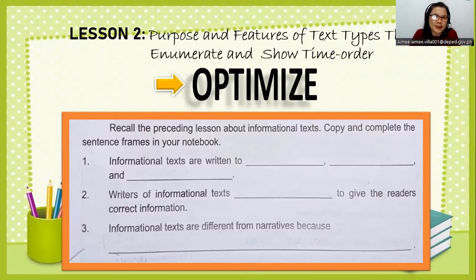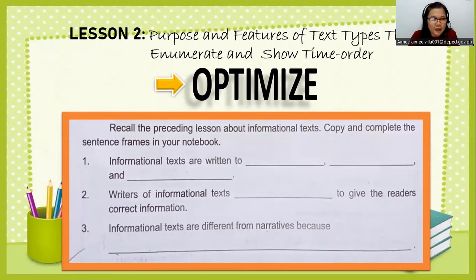Okay, for lesson 2, purpose and feature of text types that enumerate and show time order. So, we are going to recall. Okay, let's answer. Recall the preceding lesson about informational text.